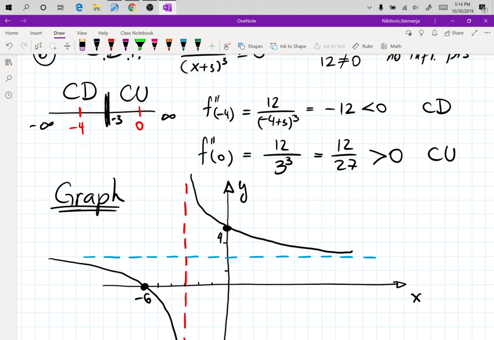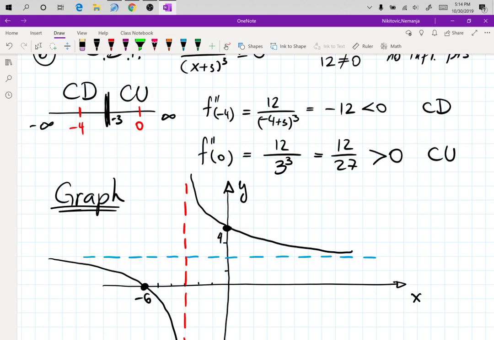Yes? How did you, or why did you say pick those values, -4 and 0, to plug in for the first and second derivative? We are picking any values in those partitions. You can pick any number. So once you make a partition, using critical points or asymptotes, or inflection points and asymptotes, depending which test you're doing, any point in there will give you the same value.